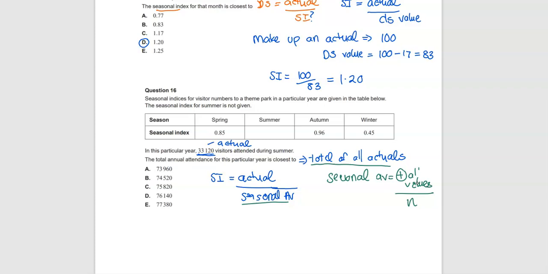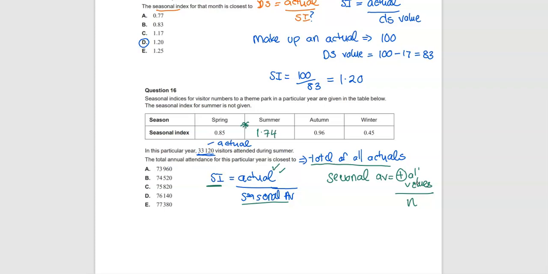So let's have a look at what we've been given. We have been given an actual. Now we can actually find the seasonal index for summer. Even though it's missing, we know that this is 1.74.